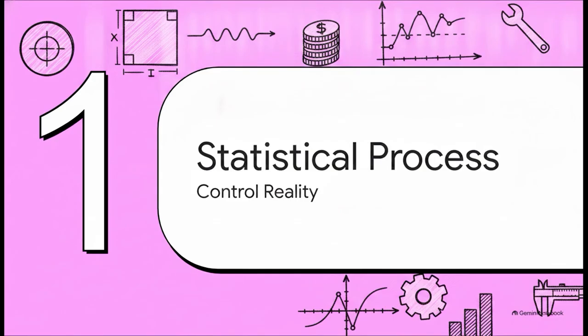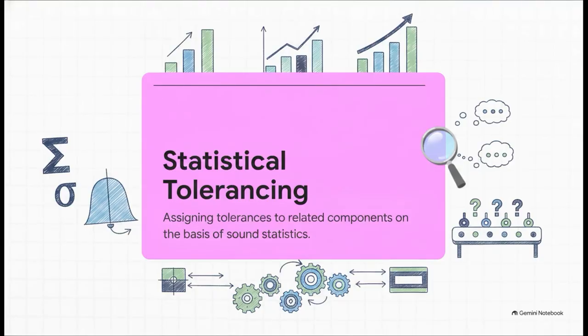Okay, Section 1, Statistical Process Control Reality. We really need to bridge the gap between the strict, theoretical geometry of the ASME Y14.5 standard and the cold, hard financial reality of the shop floor. A lot of people think GD&T is just about rigid boundaries, but the standard actually explicitly provides for statistical tolerancing in Section 3.60.